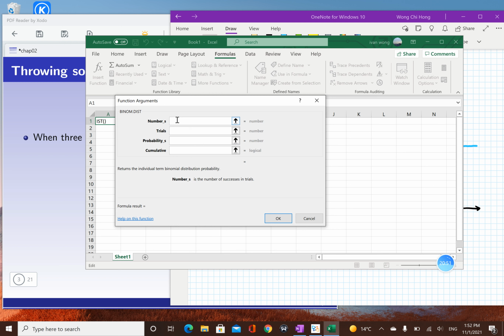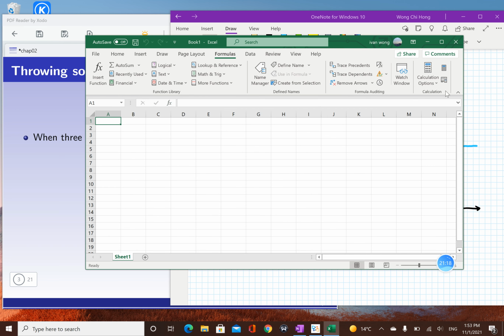If you use Excel, then you know you put in your number, in this case for X trials, whatever things that we shall see probability. And I want you to notice the last one is cumulative. They always give you this extra thing, cumulative, whether you want your probabilities like X exactly equal to X, or you want X less than or equal to X. Nowadays with Excel, they will just do this all for you.